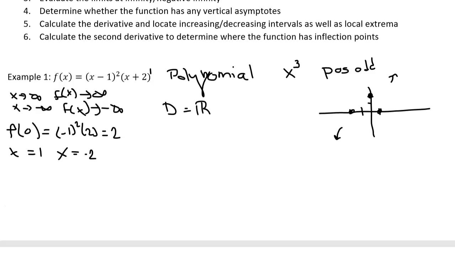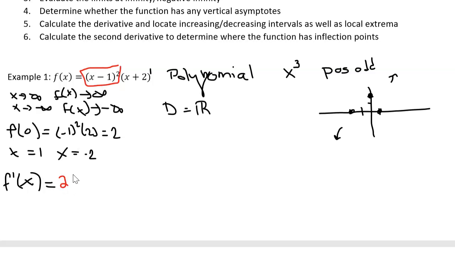So with the way the function is written, to calculate the derivative, I am going to be using the product rule. I could, however, take the time to distribute all the terms out if I wanted to, and look at this as a cubic polynomial instead of in its factored form. So with the product rule, I'm taking a look at the derivative of the first function, which I'm going to box in red. And so that derivative is a chain rule.